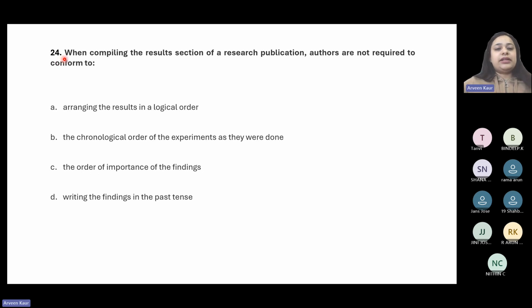Then question number 24. When compiling the results section of a research publication, the authors are not required to conform to arranging the results in a logical order, or chronological order of experiments as they were done, or order of importance of the findings, or writing the findings in the past tense. So which one do the authors not have to do?